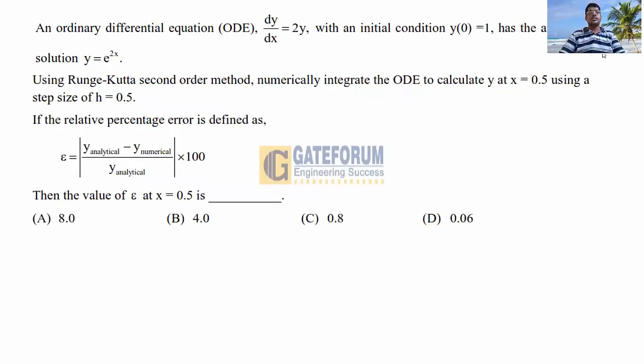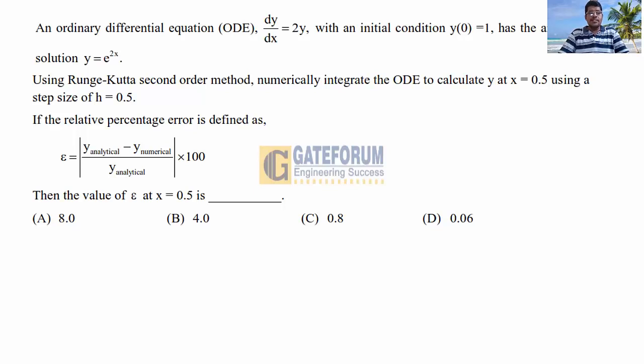The question: an ordinary differential equation, ODE, dy by dx is equal to 2y with an initial condition y of 0 is equal to 1, has the analytical solution y is equal to e to the power 2x. Using Runge-Kutta second order method, numerically integrate the ODE to calculate y at x equal to 0.5 using a step size of h is equal to 0.5.